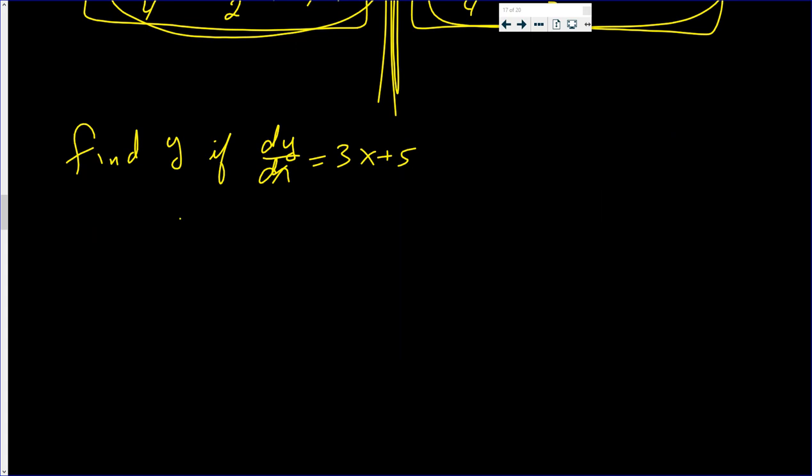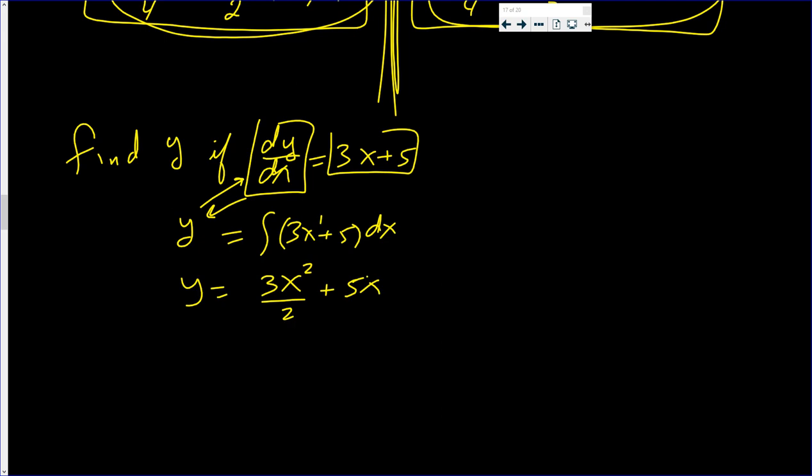If you undo the derivative of dy dx, you get y, because if you take the derivative of y, you get dy dx. So I need to integrate the other side. Now whether you write it or not, that's up to you. But y is going to be 3x squared over 2 plus a constant times the variable x plus a constant.